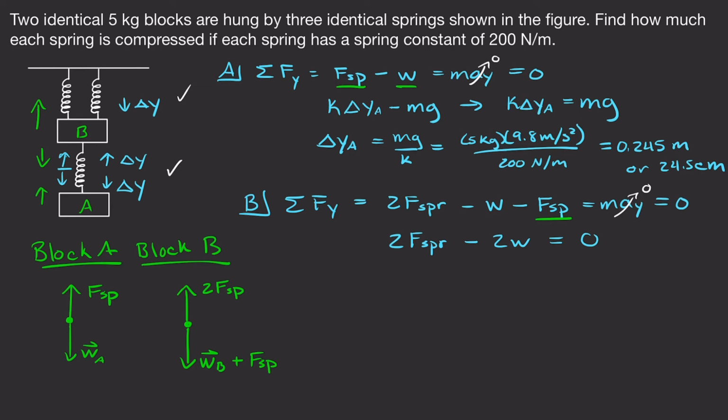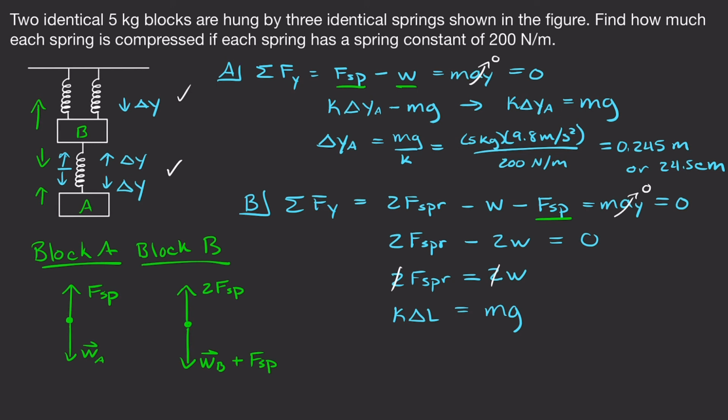Okay, now obviously our 2's are going to cancel. We're going to get 2 spring forces on the left equal to twice the weight. So our 2's are going to cancel. And now we get that K delta L, or the spring force, is just equal to mg. And this is what we got before.